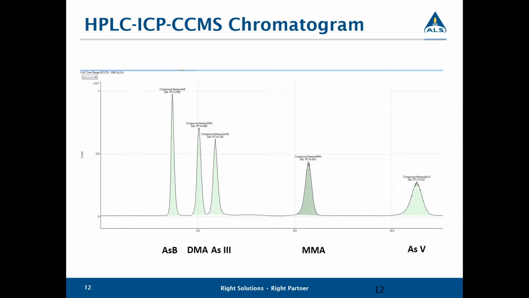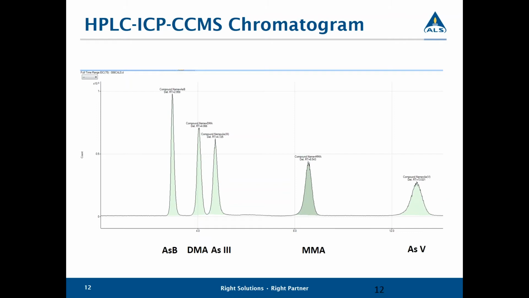So here's a typical chromatogram showing the elution order of the species coming from the HPLC. You see the arsenobetaine eluting first, and along with some other organoarsenic species, they would often come out around there as well. And then it's followed by DMA, and then arsenic 3, and then MMA, monomethyl arsenic acid, and finally arsenic 5.